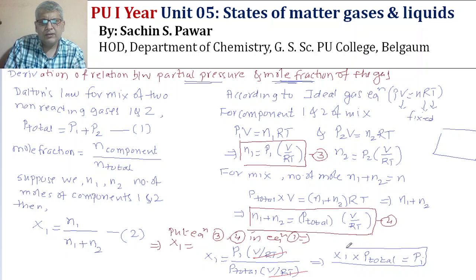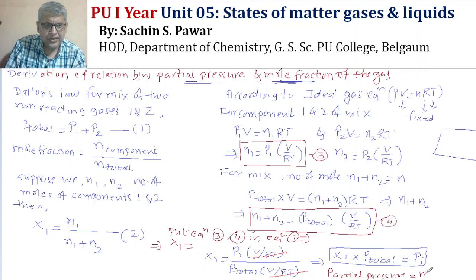So I have got the relation between the partial pressure and the mole fraction. The relation is that the partial pressure of the component is equal to the product of the mole fraction of that component into the total pressure of the gaseous mixture.